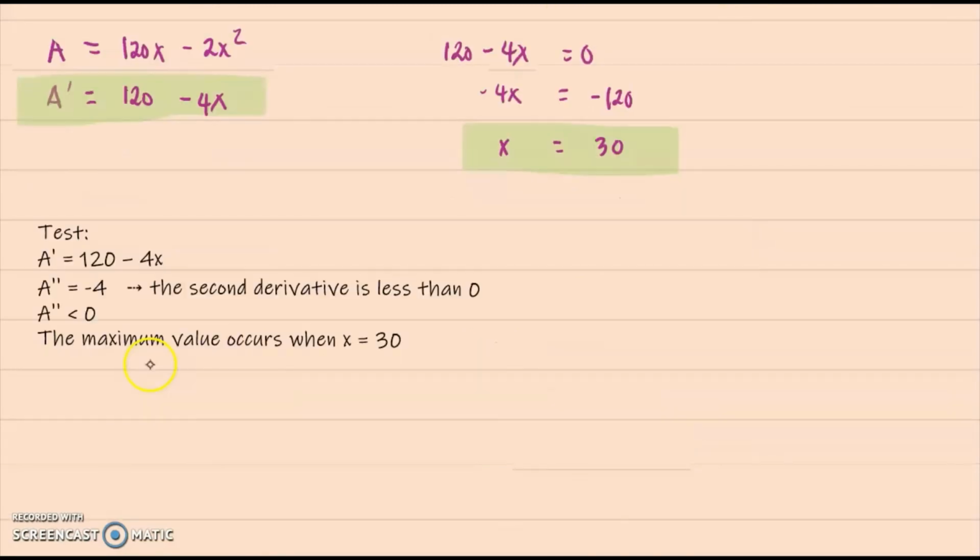Next step, we have to test. Our first derivative of A is equal to 120 minus 4x. Our second derivative of A, or A prime prime, is equal to negative 4. Since the second derivative is less than 0, the maximum value occurs when x is equal to 30.